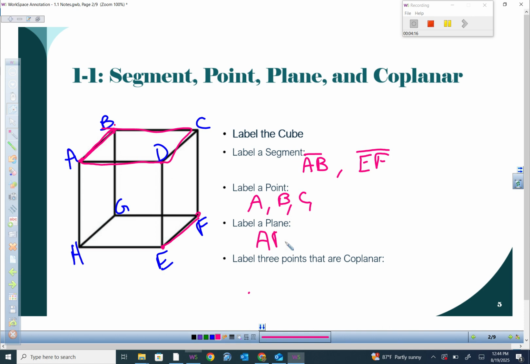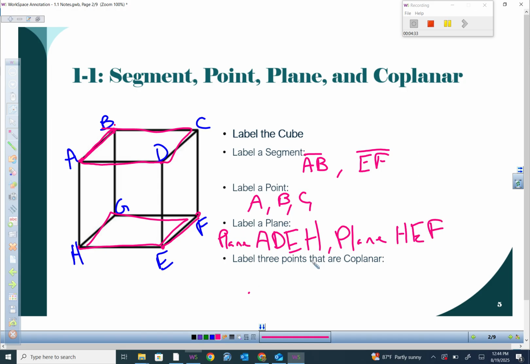A, D, E, H, that would be plane ADEH, okay? You could say plane HEF.